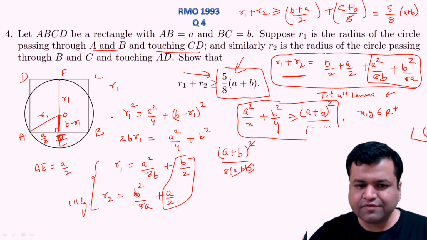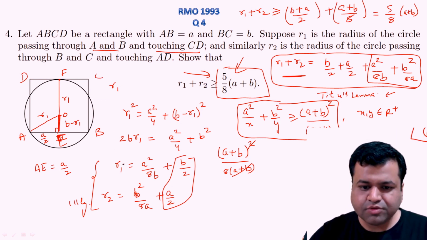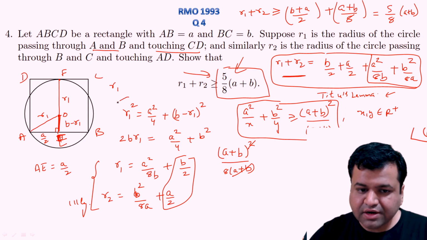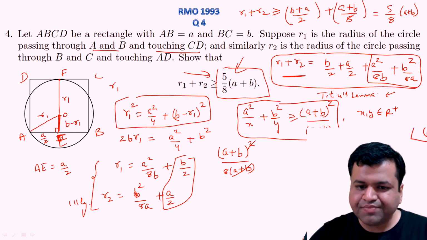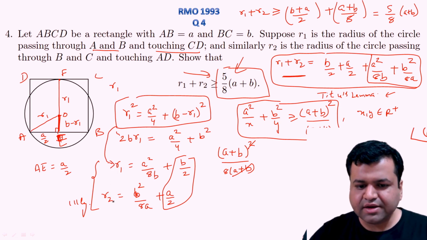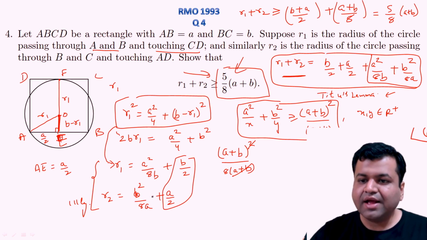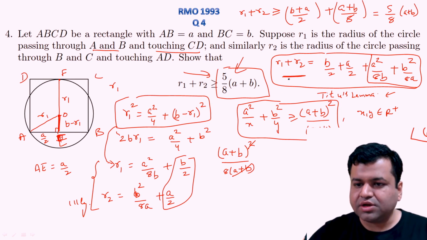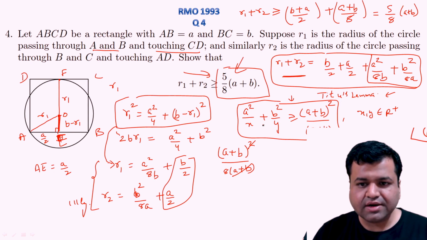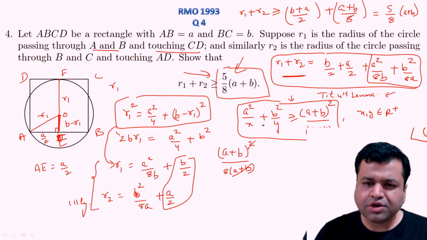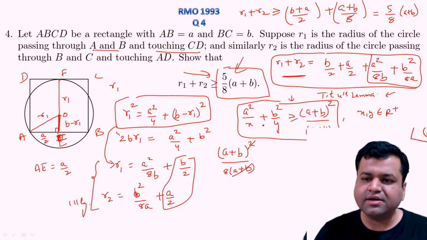First of all, we have used Pythagoras theorem to find the value of r1, which gives us r1 equals this, and similarly r2 is found by just interchanging the values of a and b. And for the inequality part we have used this inequality. So that was a very easy question, a mixed question of geometry and inequality.